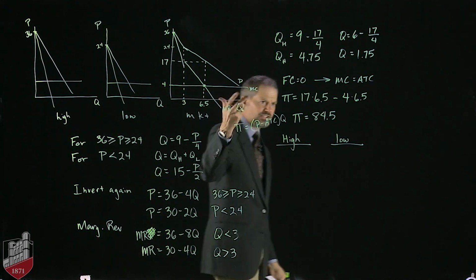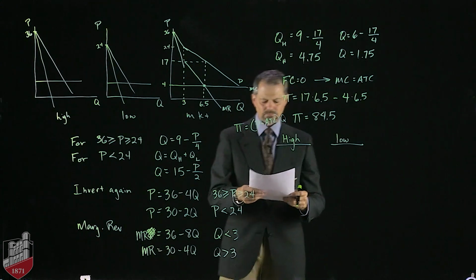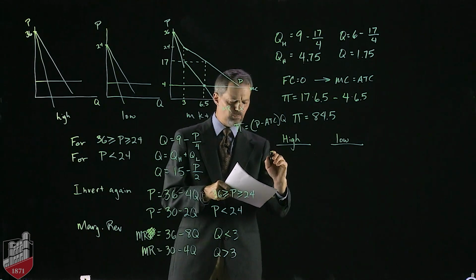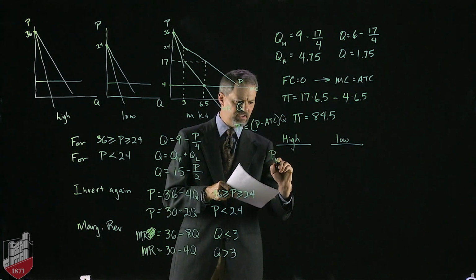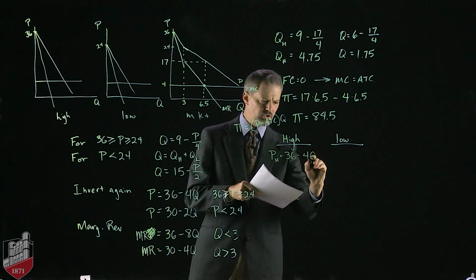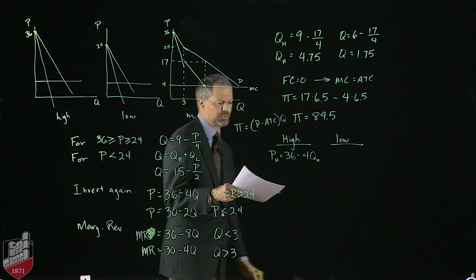And it's going to choose a different price for each group. So remember, the demand curve for our high willingness to pay group looked like this. PH equals 36 minus 4QH. That's our inverse demand curve for the high willingness to pay group.